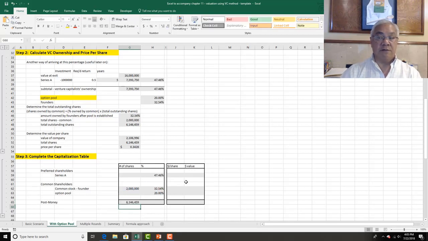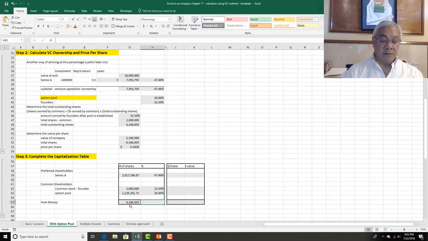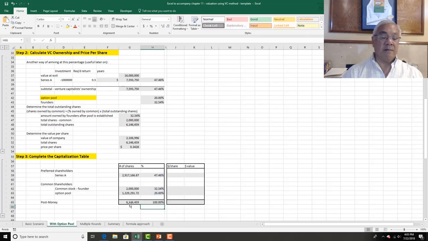So they're going to issue another 4.1 million shares, and this shows who gets it. So the VC will get 47% times this number, and the option pool will get 20% times this number. And so the total equals sum, should be 100%, which it is.